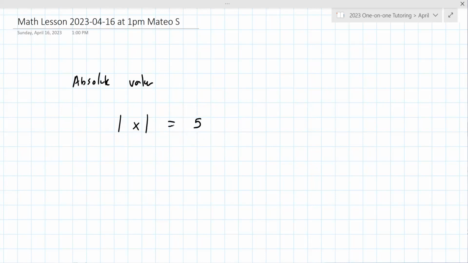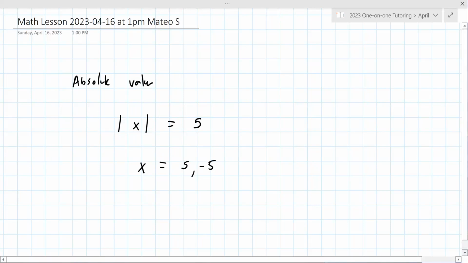So, my guess is you've done this: the absolute value of X equals 5. So X is either 5 or -5. And you might have even done some more complicated ones, like 2 times the absolute value of X minus 3 equals 8. Here you would divide by 2.